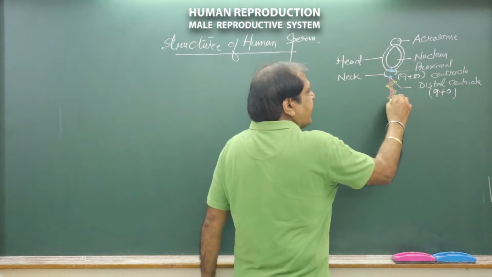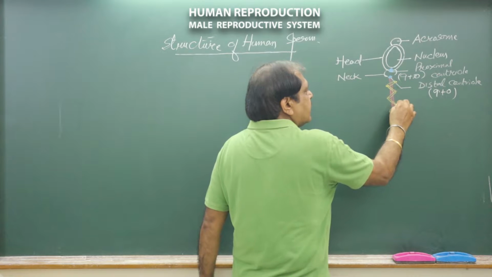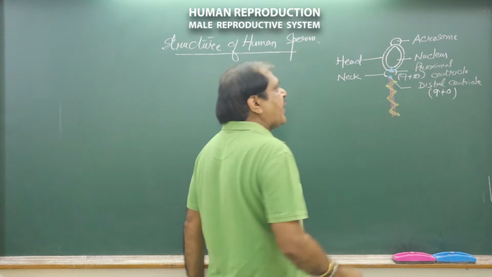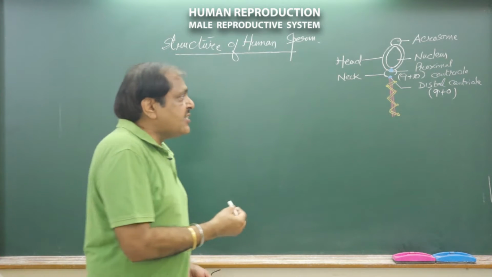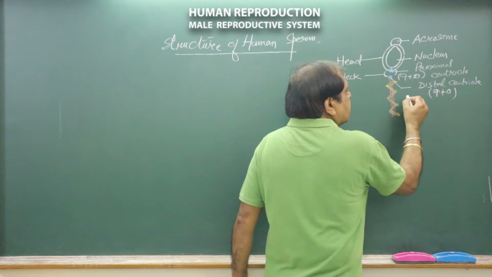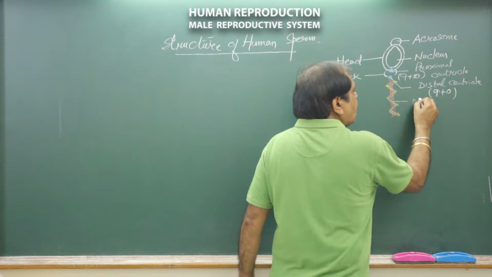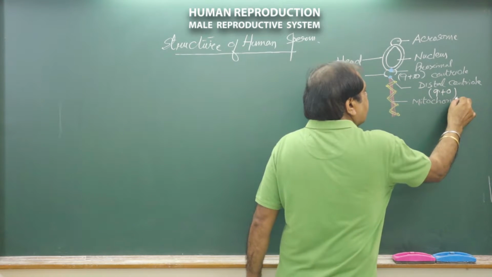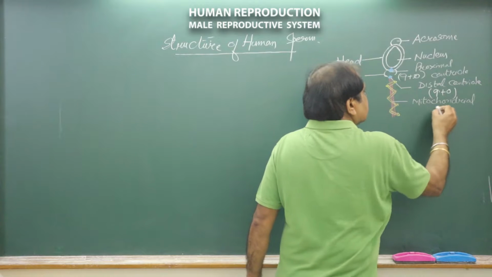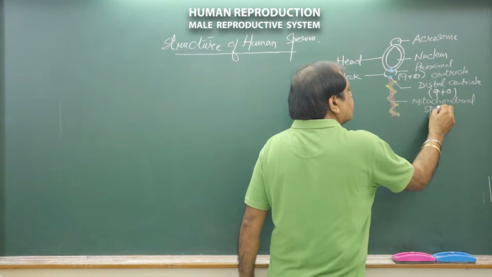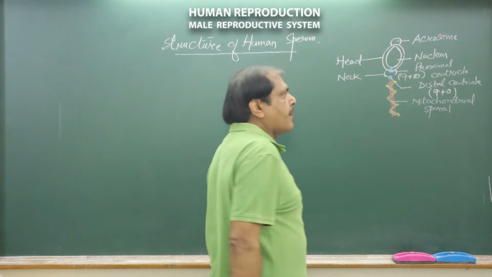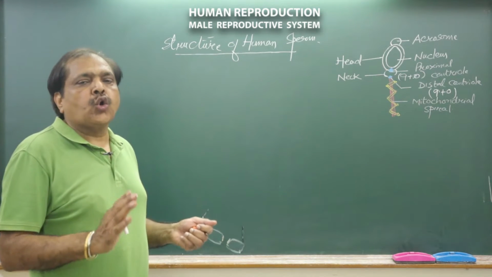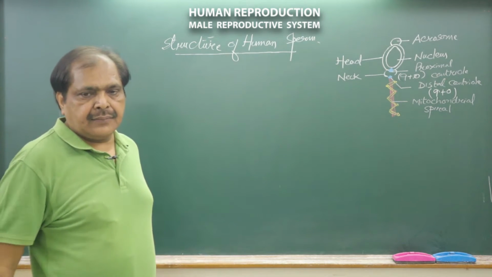There are 15 to 20 mitochondria. They are arranged in the form of a spiral, and this is called the mitochondrial spiral, so that the mitochondria occupy less space.